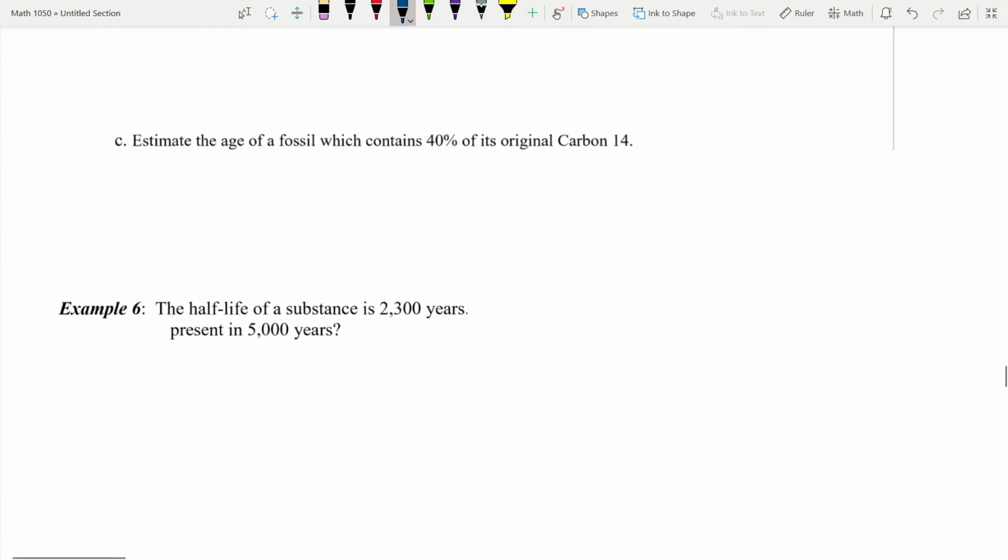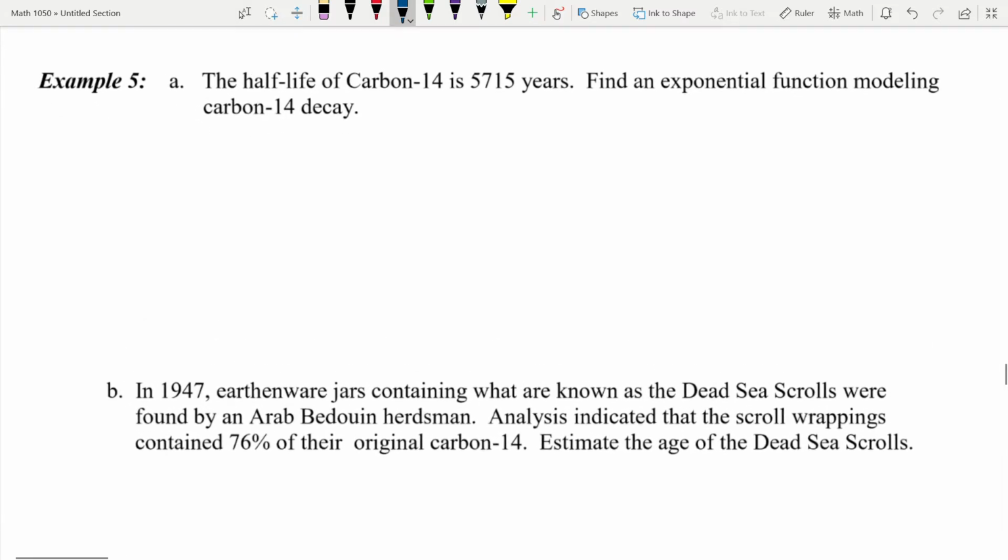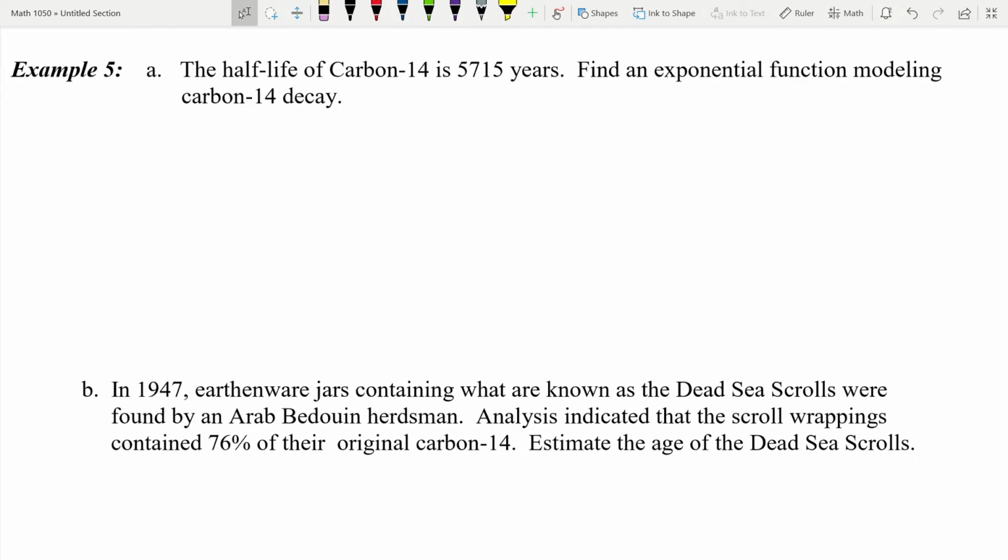When we start talking about half-life, I feel like people start getting a little confused. Okay, the half-life of carbon-14 is 5,715 years. Find an exponential function modeling carbon-14 decay. Okay, step number 1, find your K. Step number 2, find your model. Step number 3, answer the question.